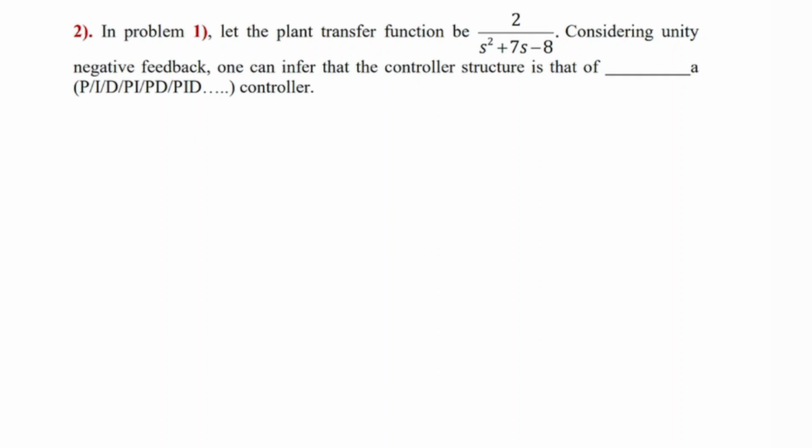So in second question, we are changing the plant transfer function to be this way. So let's consider unity negative feedback.